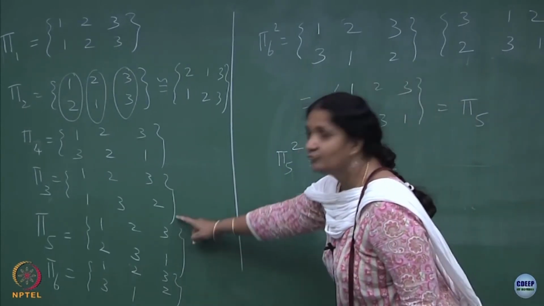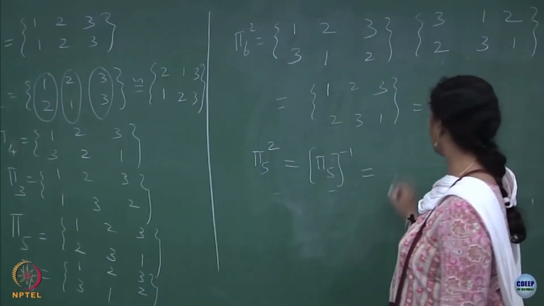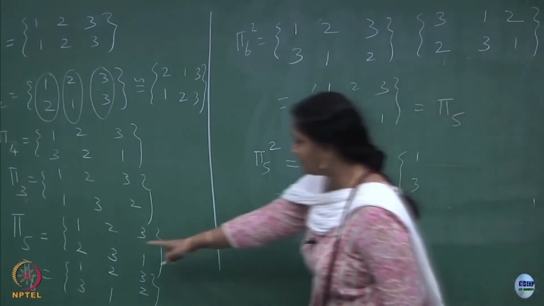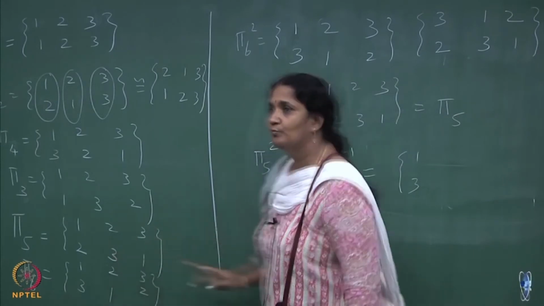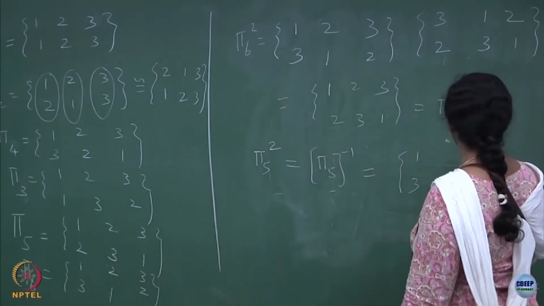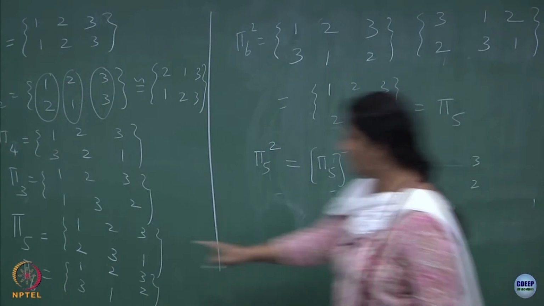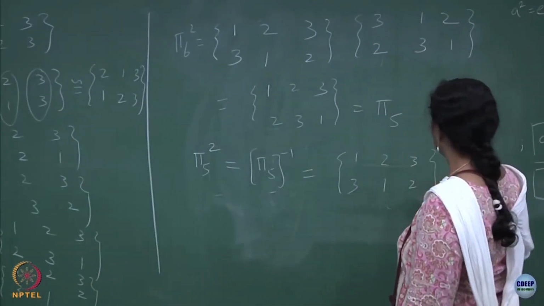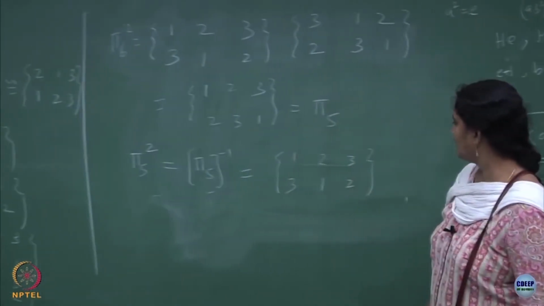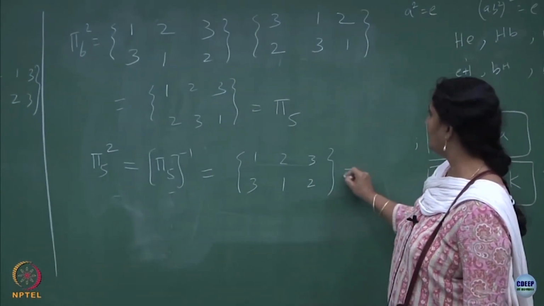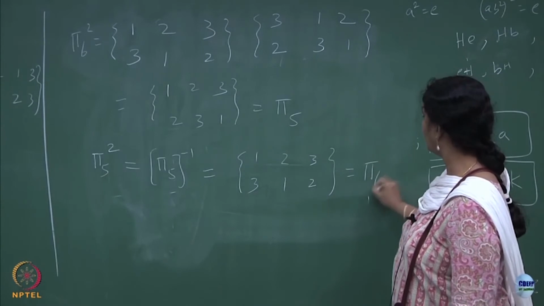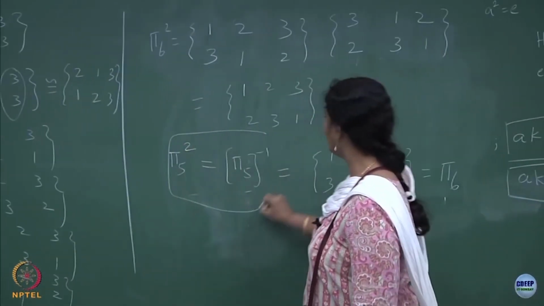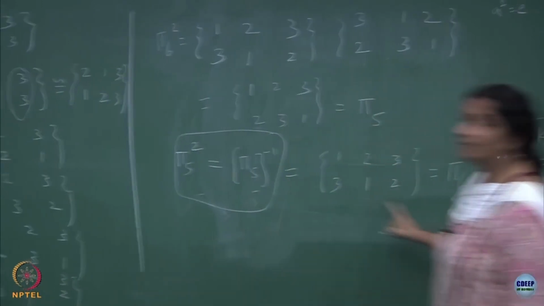So, 1 goes to 3, reverse, 3 goes to 2 and 2 goes to 1. So, this will be my inverse. I have not checked this, but please check it.